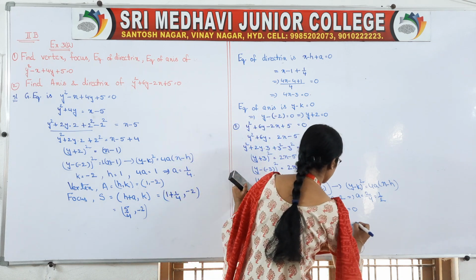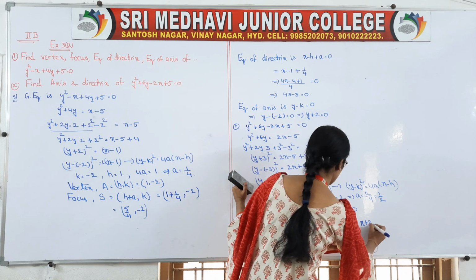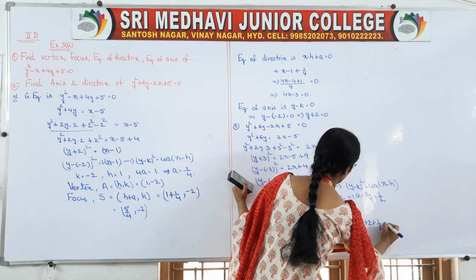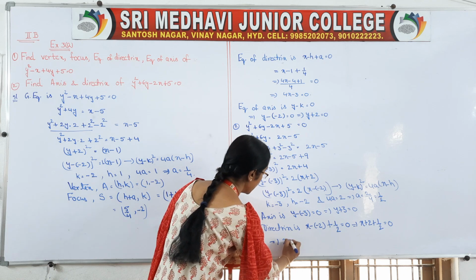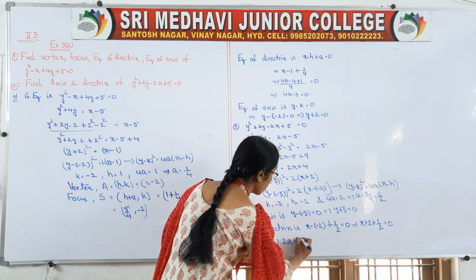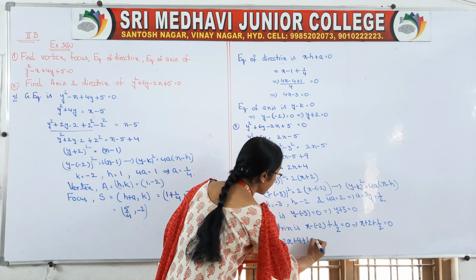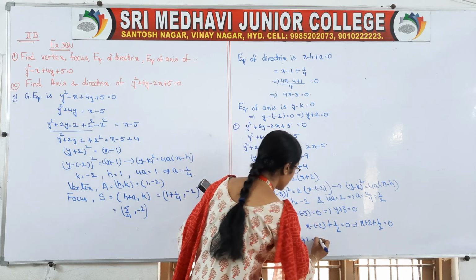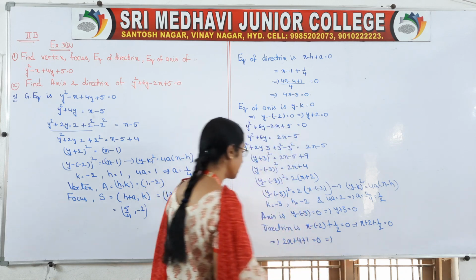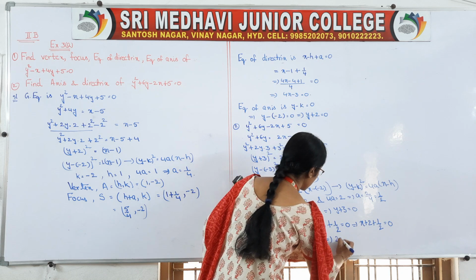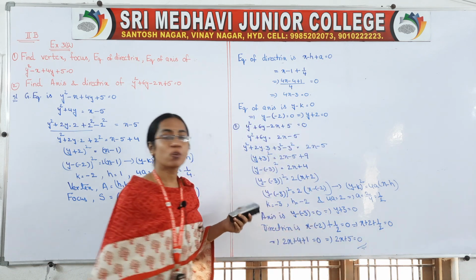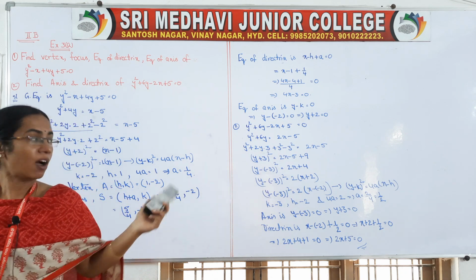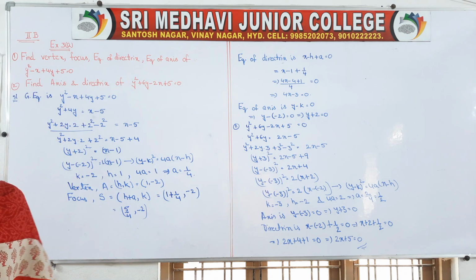So x plus 2 plus 1 by 2 is equal to 0. If we take the LCM, it is 2x, 2 times 2 is 4 plus 1, sending to the other side, 0 into anything is 0. So it is 2x plus 5 is equal to 0. Only axis and directrix are asked for a 2 marks question.